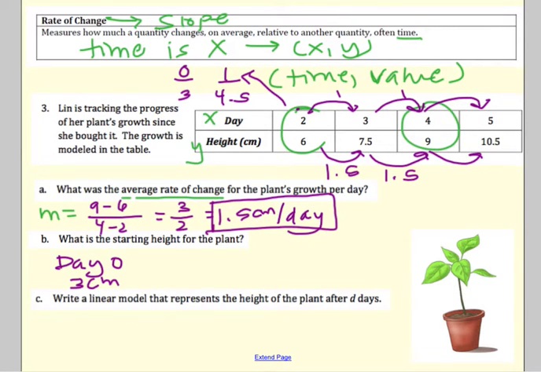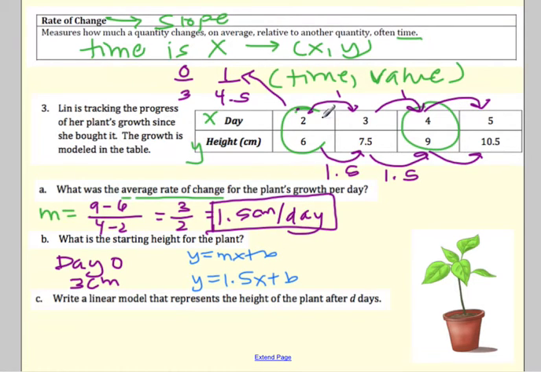Another way you can do it is by using your equation of a line. Remember, the equation of a line is y equals mx plus b. I know right now that my slope is 1.5 from the problem above. Then in order to figure out what I'm starting at, that's your b value. So I can pick any one of these points, plug it in, and solve for b.